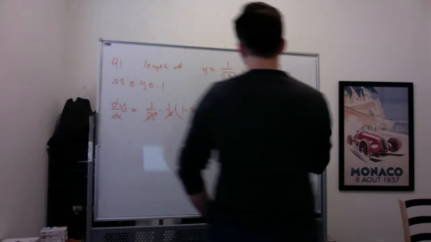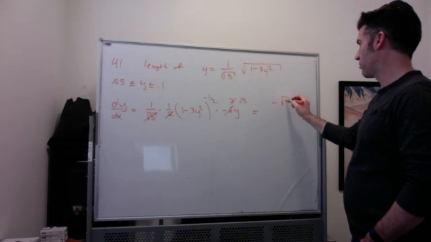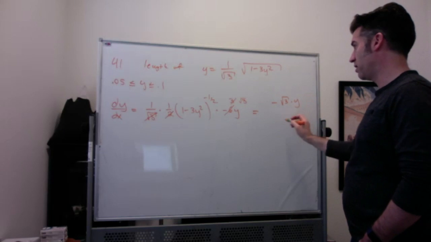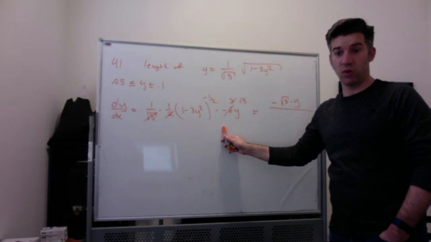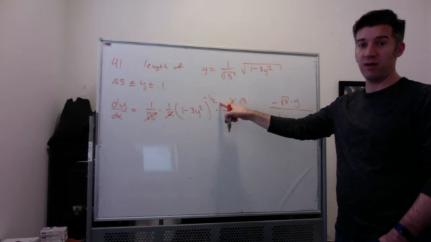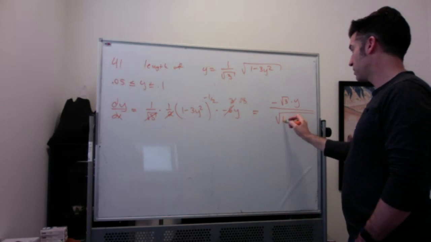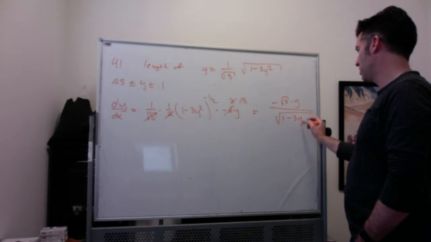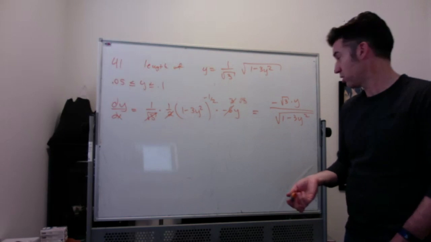So I would really much rather write this as negative square root of 3 times y over the square root of 1 minus 3y squared. Right? That's what being to the negative 1/2 power means. It means it's over the 1/2 power, which is over the square root. And I like to write it with square roots because that makes it really obvious to me that if I square it, things are going to get nicer.